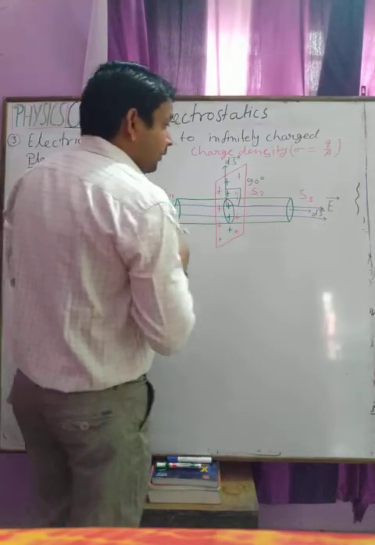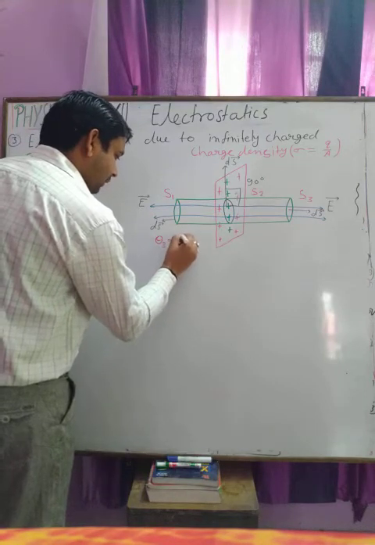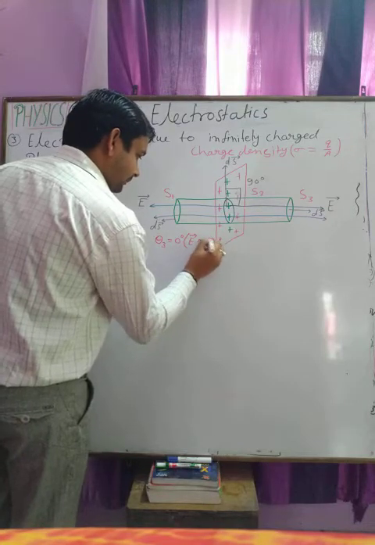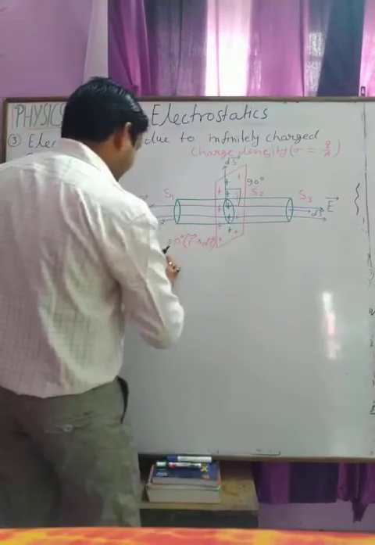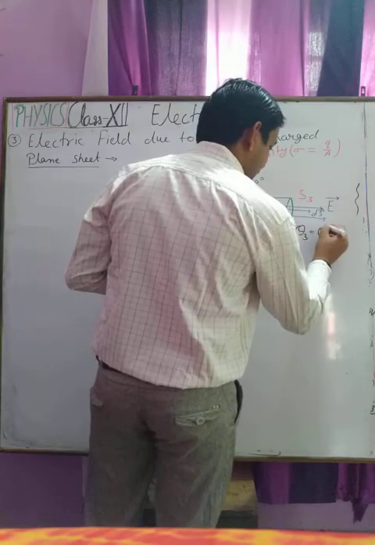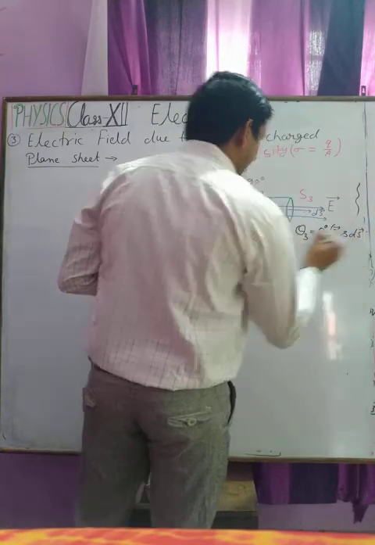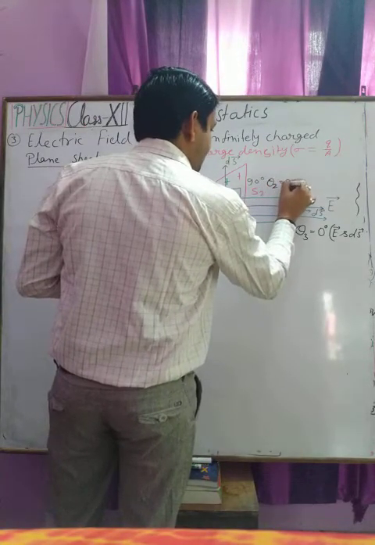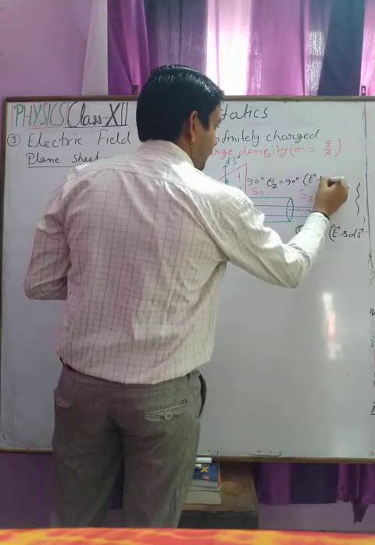Now we specify the angles: theta 1 and theta 3 are 0 degrees between vector E and ds, and theta 2 is 90 degrees between E and ds.